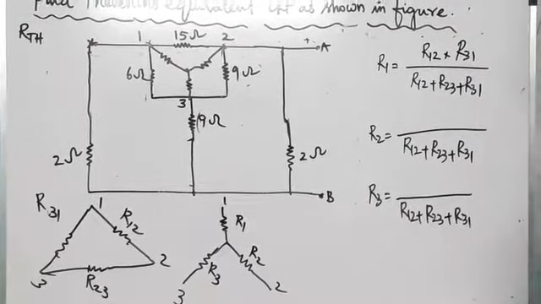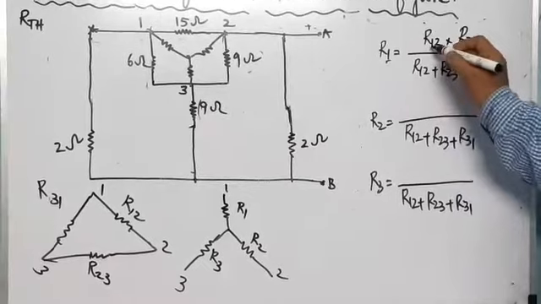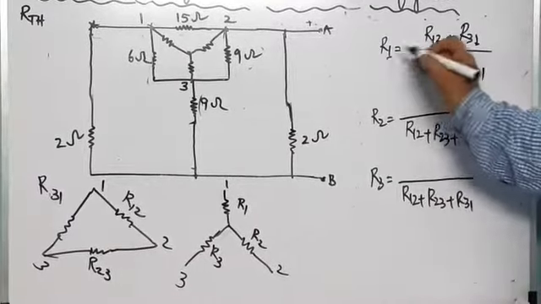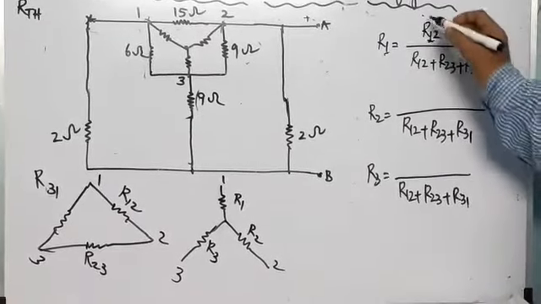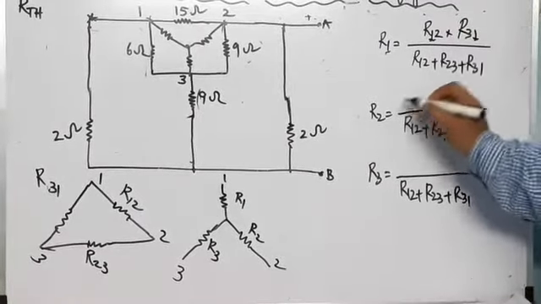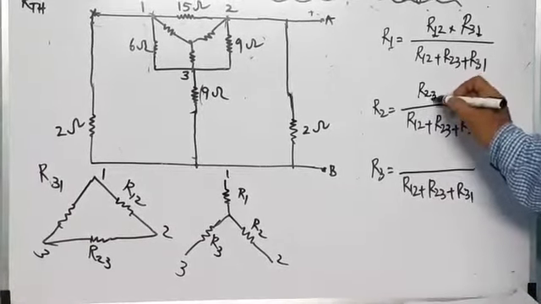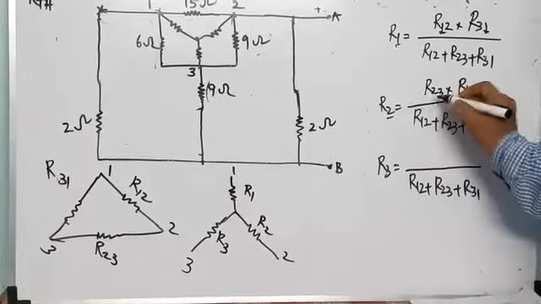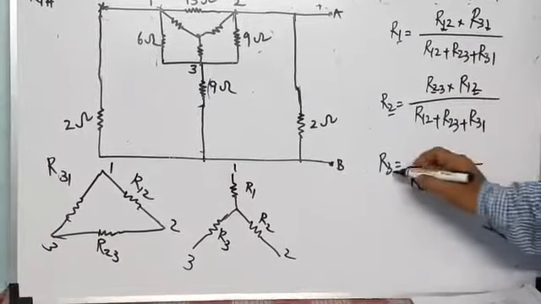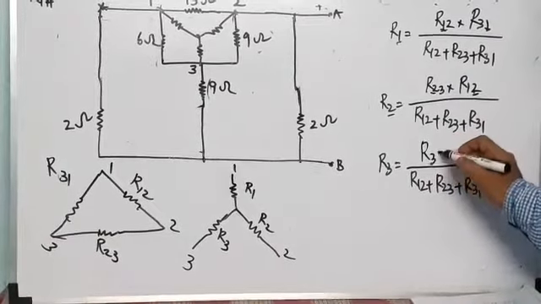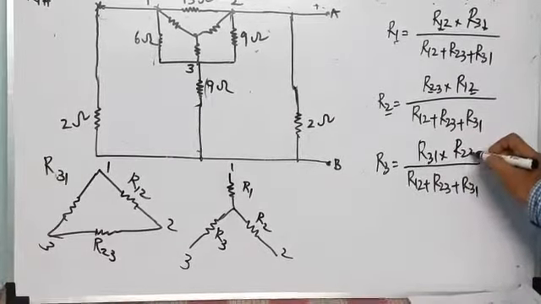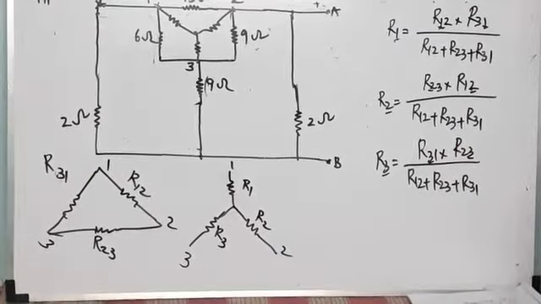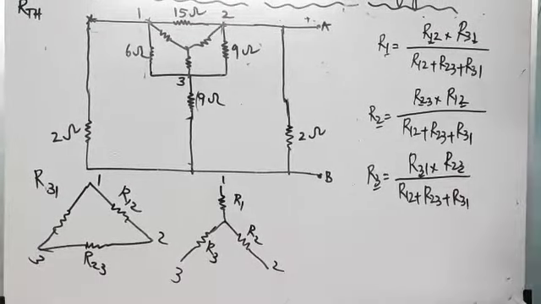If you forget this formula, remember for 1, the two numbers containing 1 should come. Similarly R2 is R23 into R12, and R3 is R31 into R23, with 3 appearing twice in the numerator. Like this we can solve these problems.